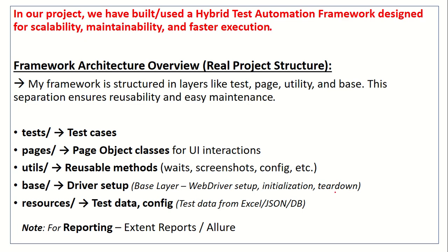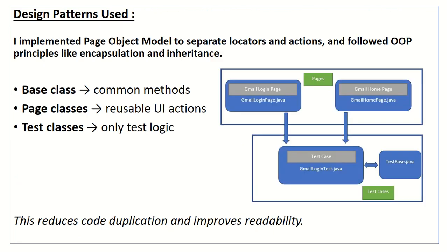All this goes into the base layer. And then the resources, this is where we store the test data and the configuration details. Also do remember for reporting, you can mention we are using Extent Reports, or if you are using Allure reports, you can specify that.